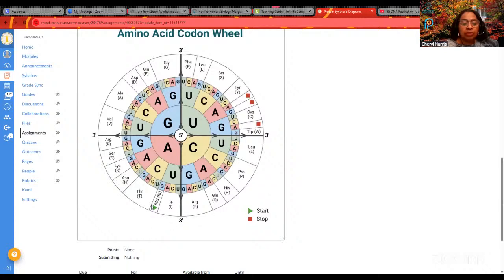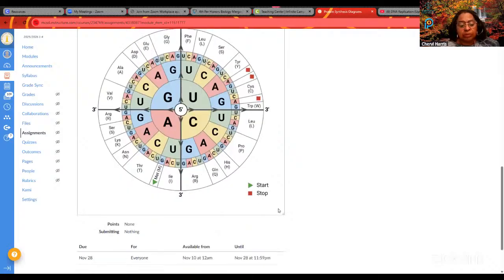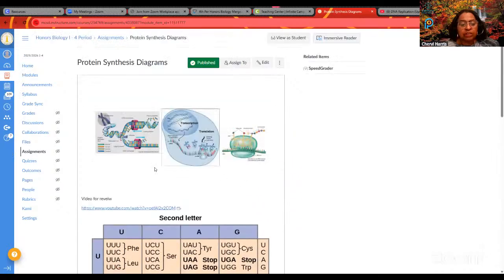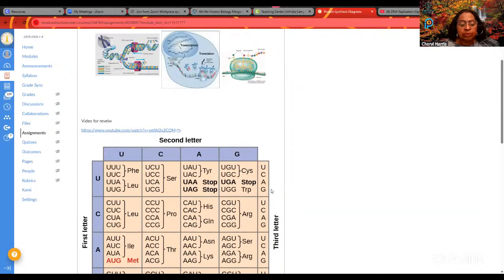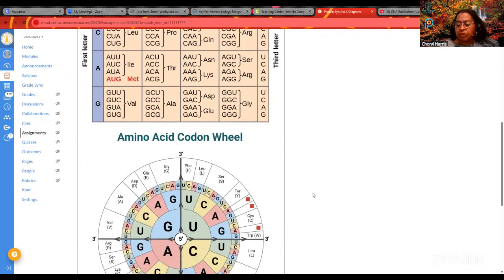And on this one, it also shows you in green that the methionine is the start, and all the little red squares are the stop codons. All right, now this is just reference. This is not an assignment, so there's no grade associated with this one, but there is with the worksheet.